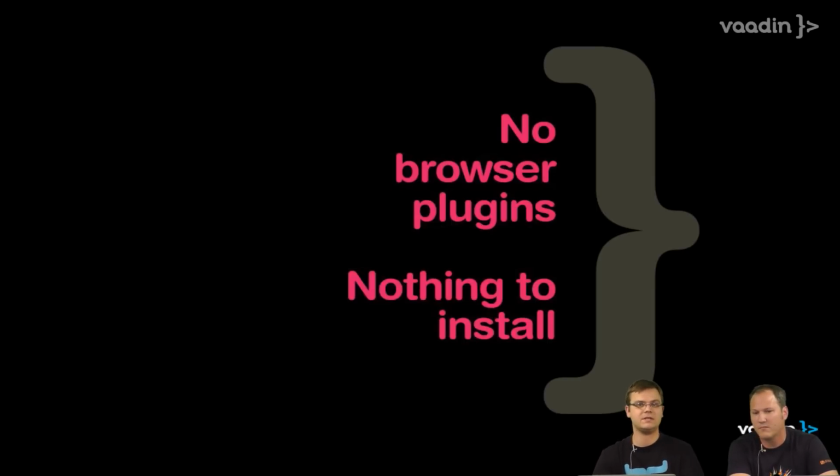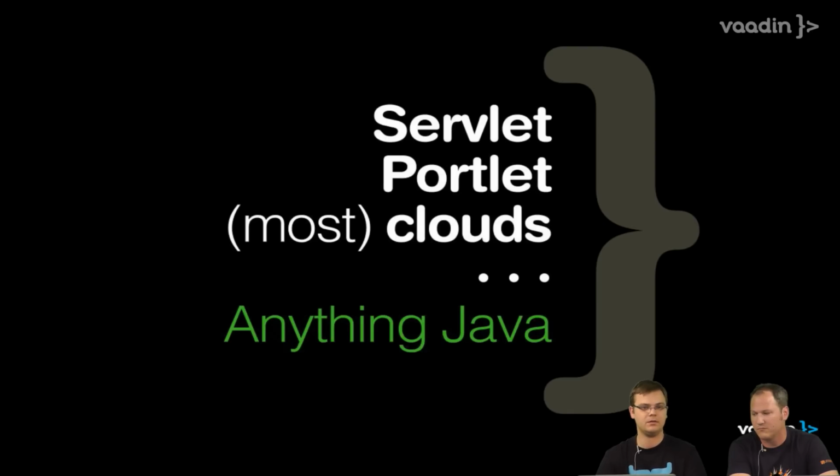You don't have to install anything like a Flash player or whatever Java applet plugin. Also known as security holes. Yeah, that's right. Because that's Java, you can run on servlet containers, you can run on portlet containers. Most of the clouds that support Java, that's open for you.